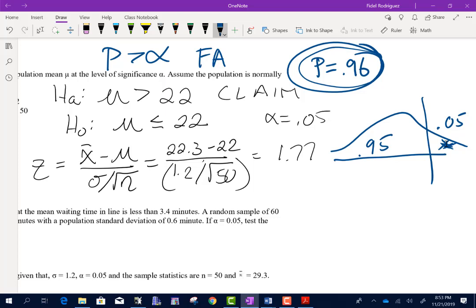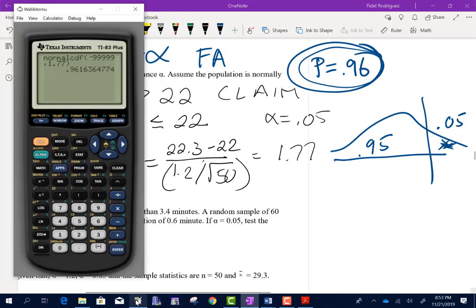I know, but let me see, because I'm trying to figure out how I came up with my p-value. It's a Z-test. So I went stat, tests, Z-test, and right here we typed in 22.